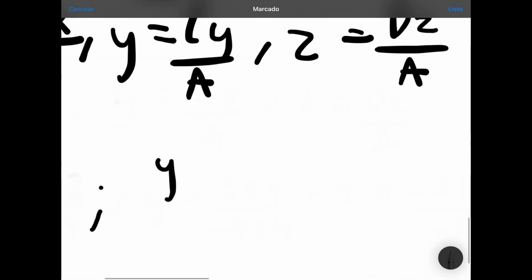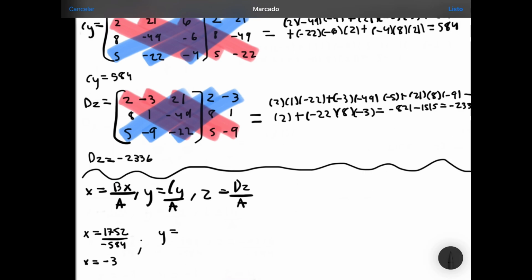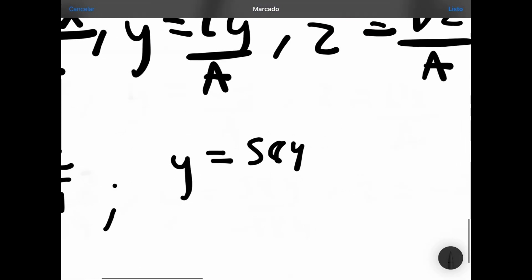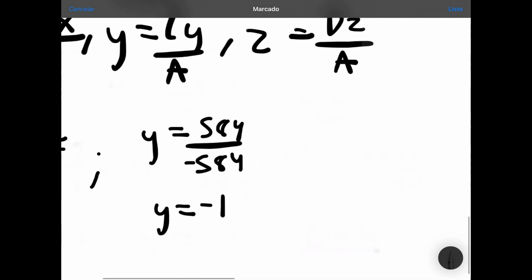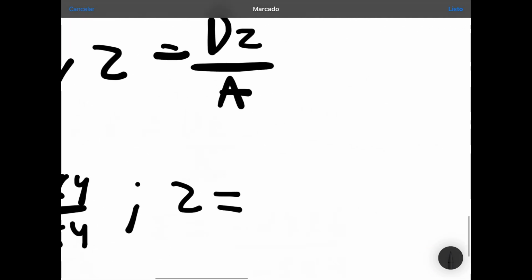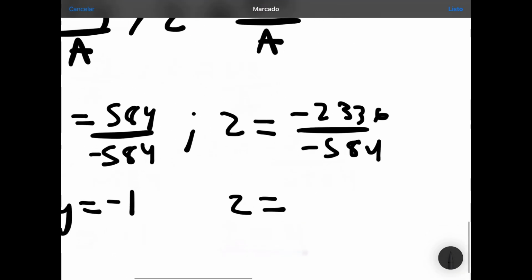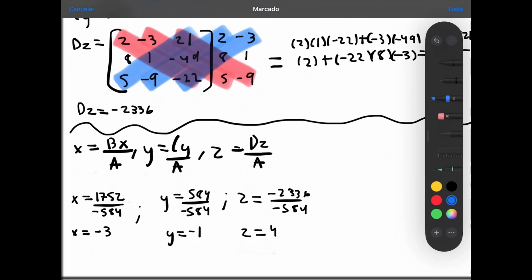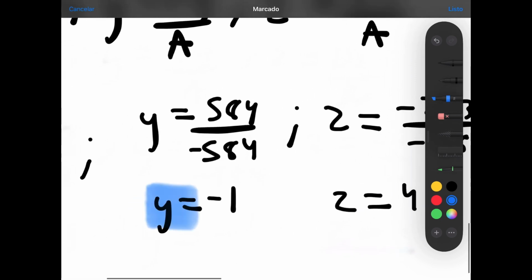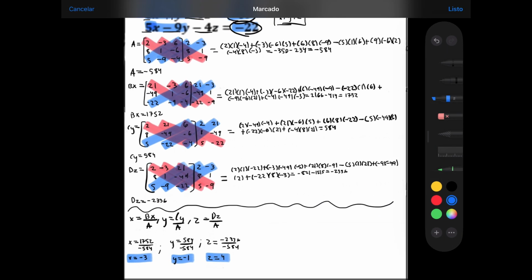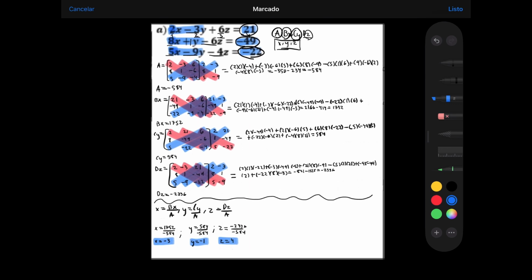Next, y is equal to cy, which is 584 divided by minus 584, which is my a. y is equal to minus 1. Now c is equal to dc, which is minus 2,336 divided by minus 584. c is equal to 4. So now we have what we needed to get. And this is your answer and your whole procedure.